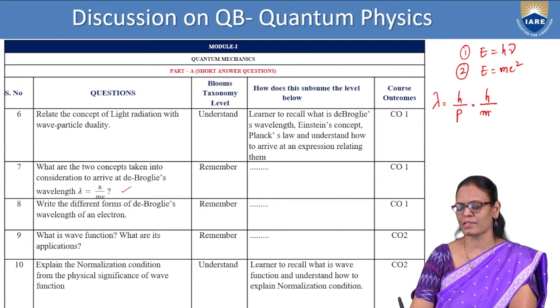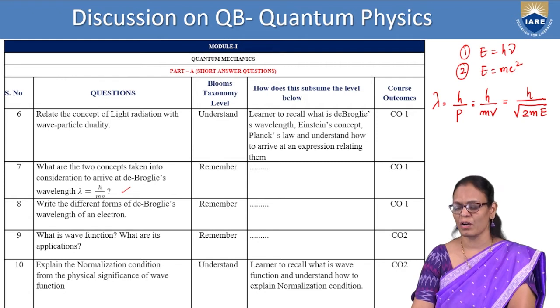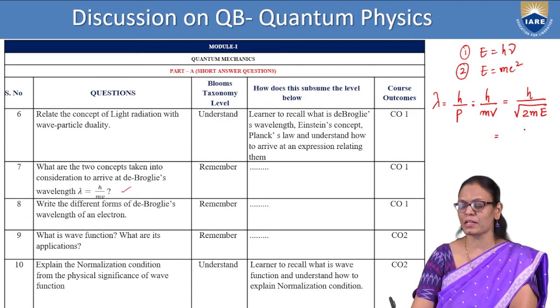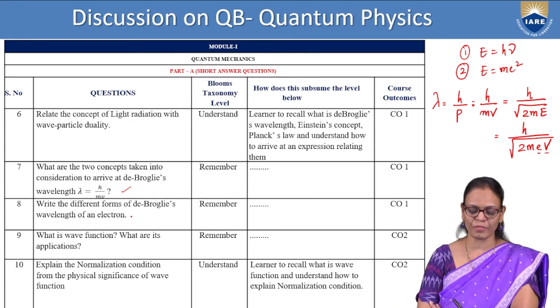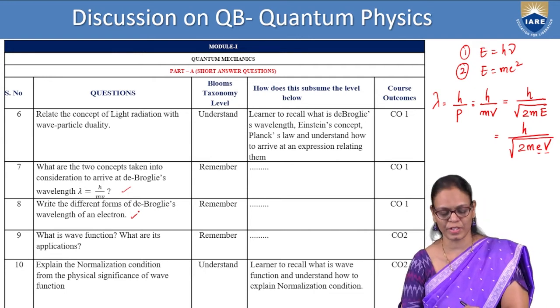So we can write it as h/mv, or we can also write it in terms of energy, h/√(2mE), where E represents the energy, or we can also express it in terms of the potential that is applied, h/√(2meV), where e is the charge and V is the potential applied. So these are the different forms of de Broglie wavelength.